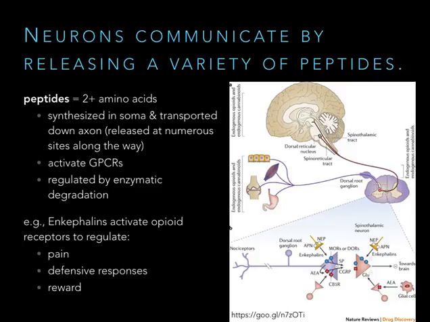And so the release of enkephalins is going to stimulate opioid receptors and tone down that signaling. So they're going to have a general inhibitory effect on the signaling between nociceptors and our central nervous system. And this is why we'll use opiates to help reduce pain.